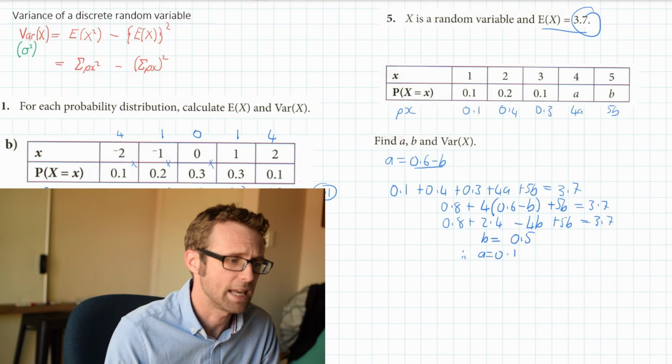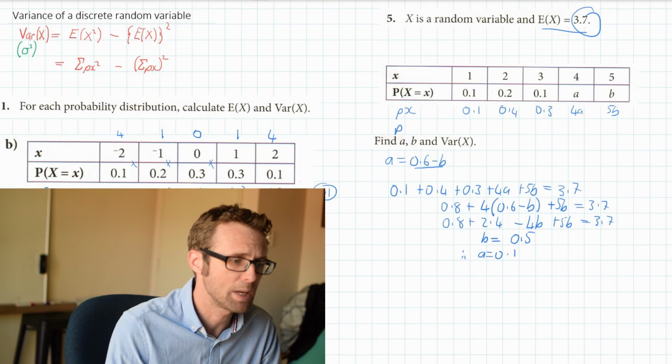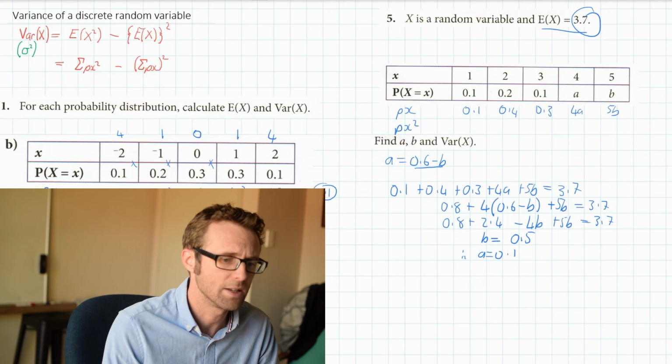Now I can find var(x). To find var(x), I also need x squared p(x). So let's go ahead and do that now.